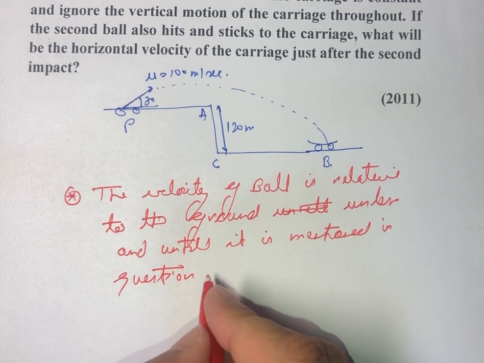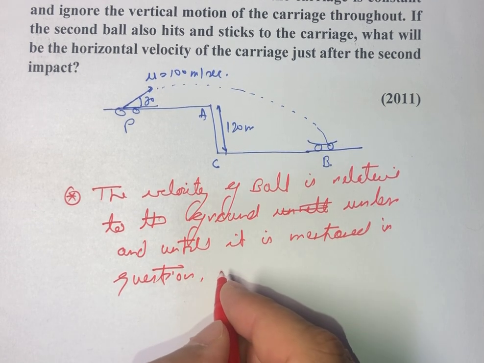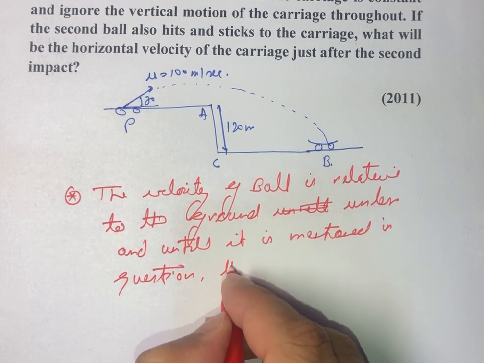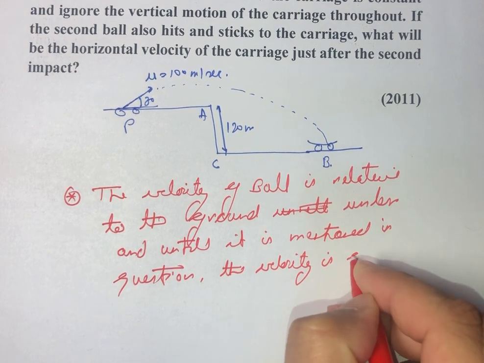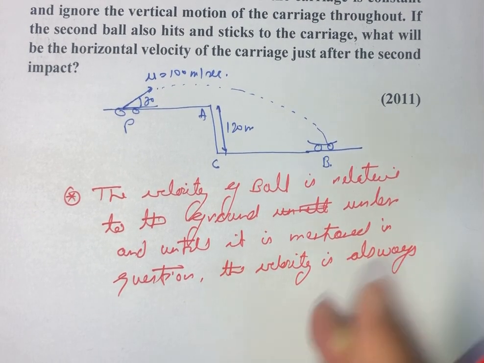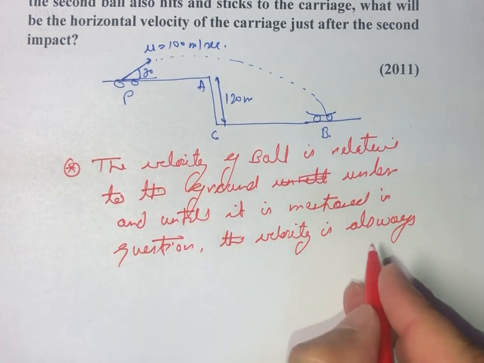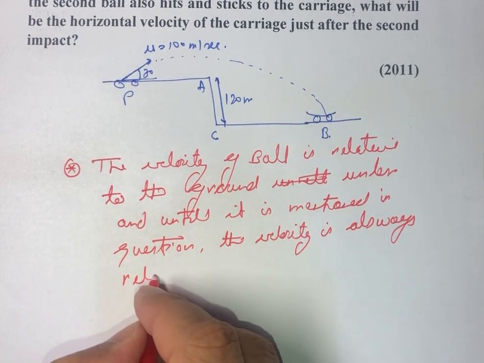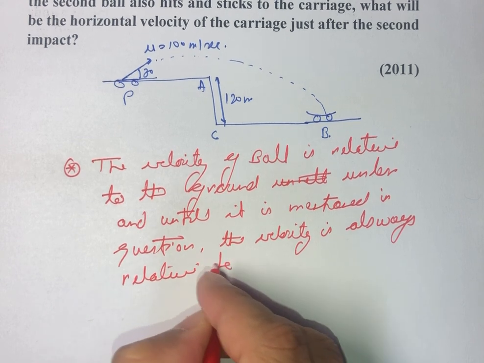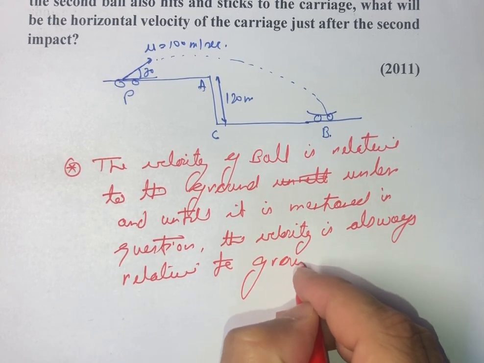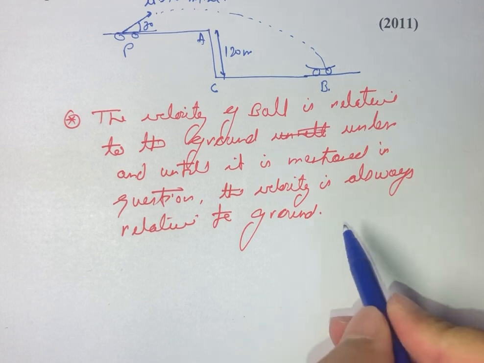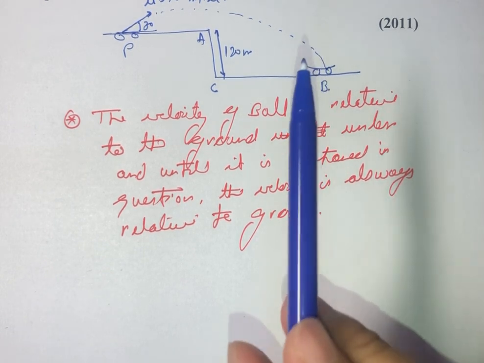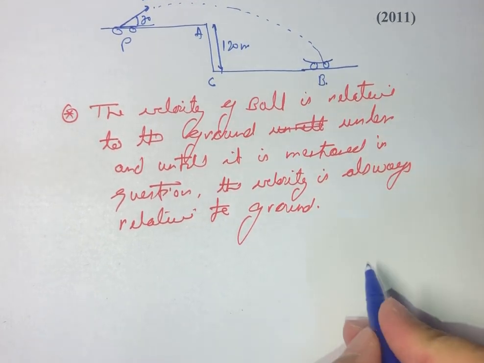In the question, the velocity is always with respect to ground. The velocity is always relative to ground. So in this case, we can say that the relative velocity of cannonball with respect to ground is 100 meter per second.